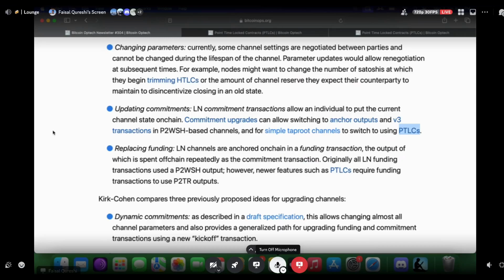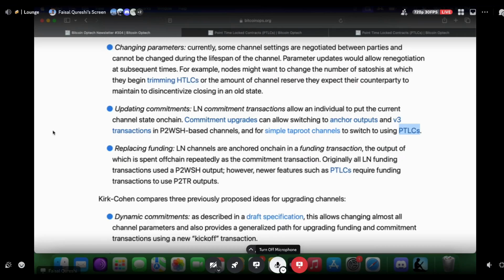I remember associating Phoenix with P2TR somewhere. We can look into whether any actual usable popular Lightning client is allowing users to create funding and commitment transactions which are P2TR. But I'm not sure.